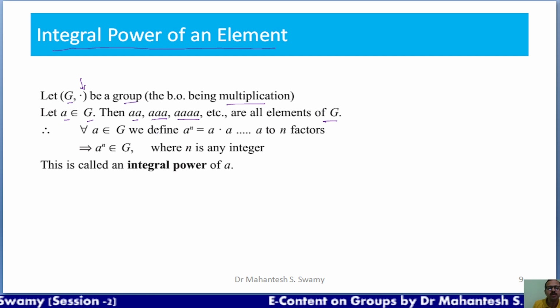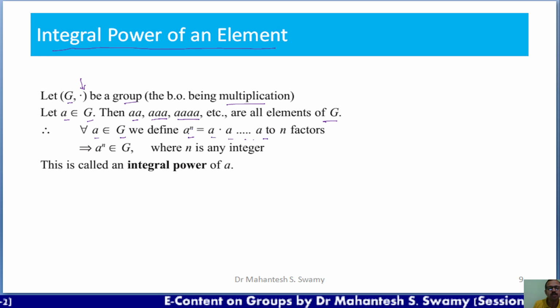Now when you consider A into A into A, n times, that is of course A to the power n. For every element A belonging to G, we define A to the power n as A multiplied n times. So this A to the power n is again an element of G.